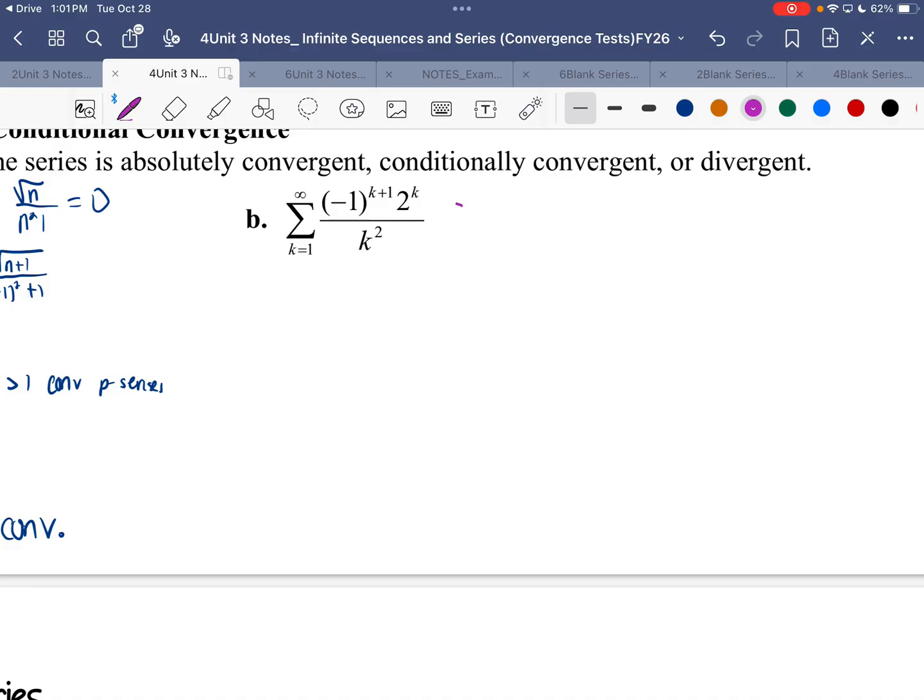So if I'm eyeballing it, what do we see happening? Big top. So what test are we using? Nth term test for divergence. I guess technically that's a K there.